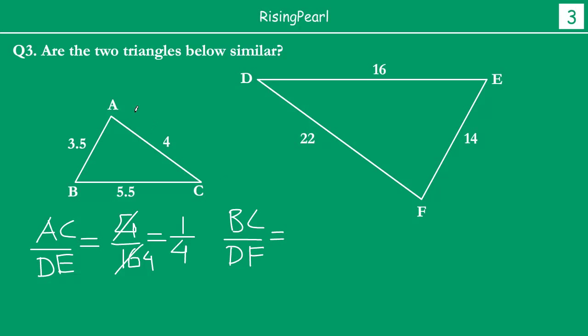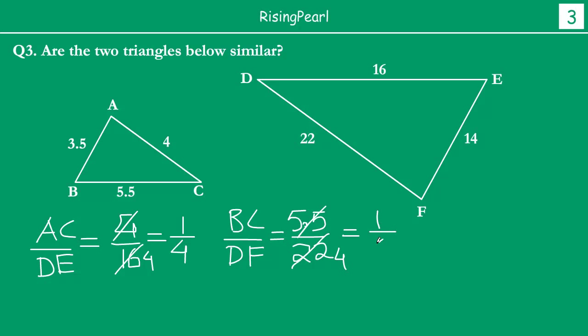Because BC is 5.5 and DF is 22, which is 5.5 times 2 is 11 times 4.